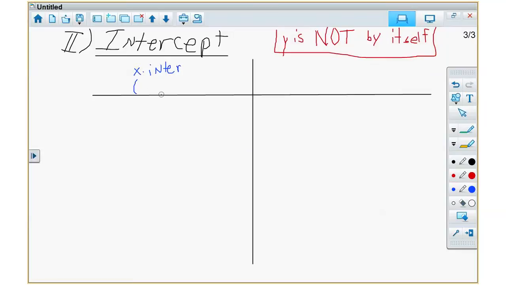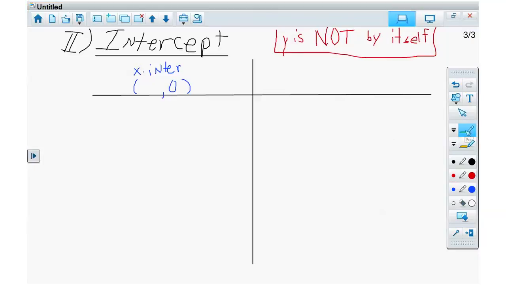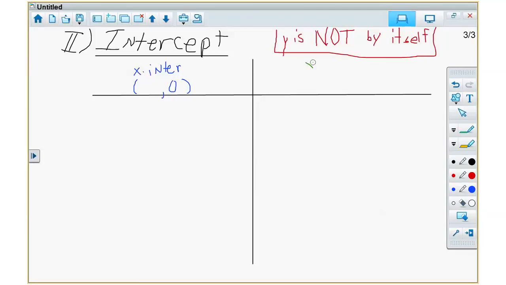You're going to put parentheses, and you're going to put a 0 in for what? For y. On the right side, I'm going to do the y-intercept. Draw a set of parentheses, and put 0 in for what? For x.